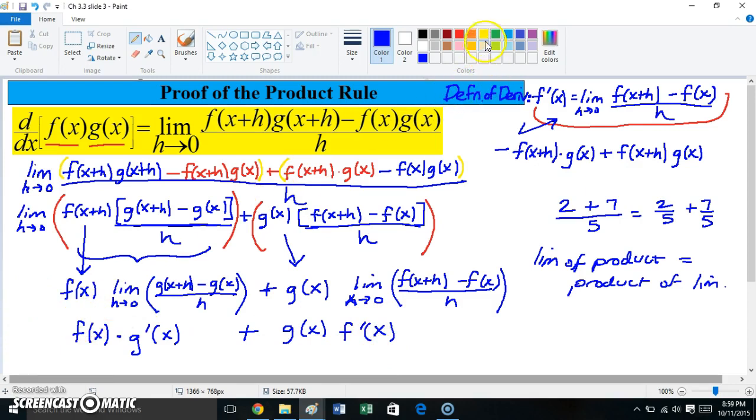So what we have found is the definition of derivative produces this result, f times g prime plus g times f prime, for the derivative of the product, f of x times g of x.